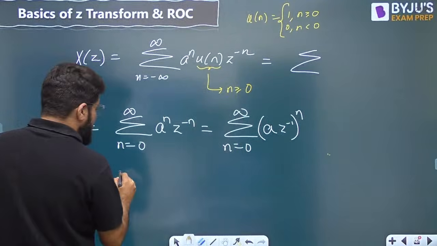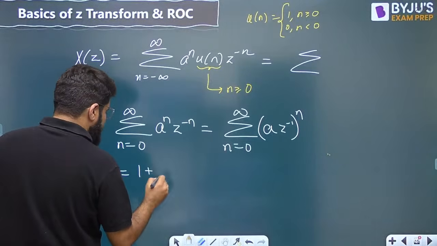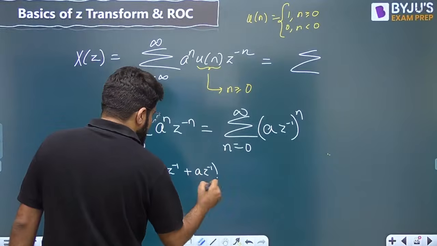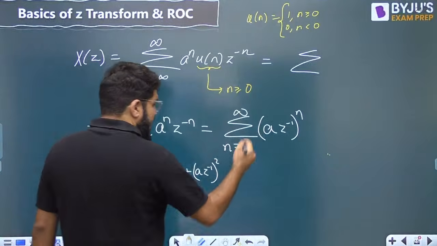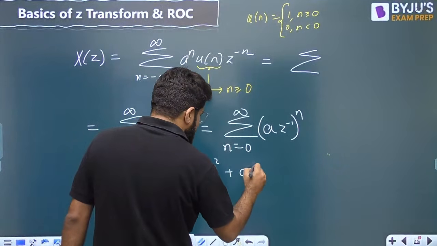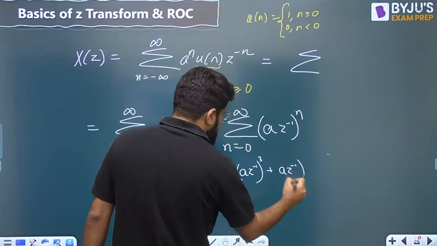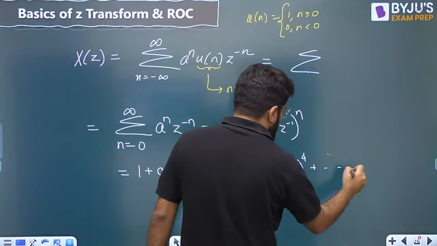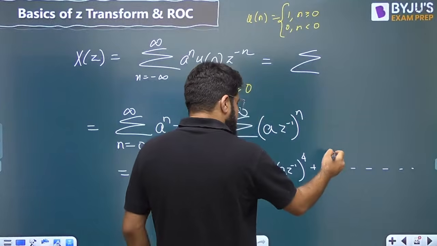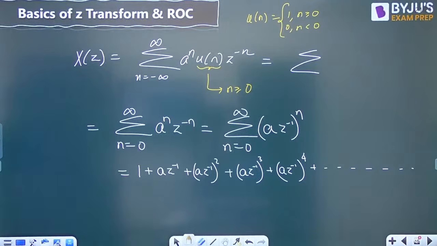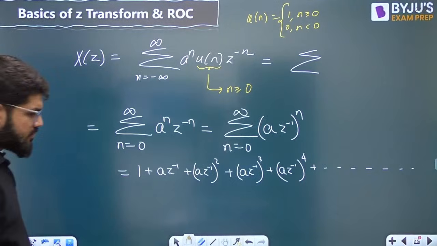Starting from 0, it is 1, then a z inverse, then a z inverse whole square, then a z inverse whole cube, a z inverse raised to the power 4, and so on till infinity.